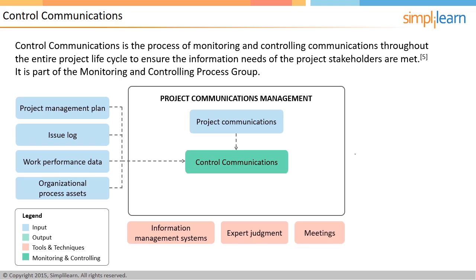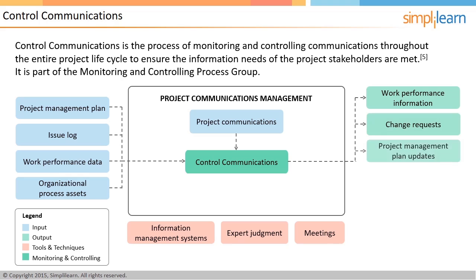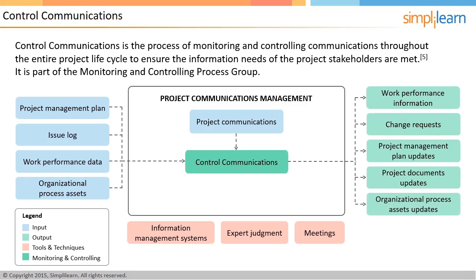The major output of this process is the work performance information, which indicates that the work performance data has been analyzed, interpreted, and presented in an easily comprehensible form. This process may also give rise to change requests, updates to the project management plan, project documents, and organizational process assets. In the next screen, let us look into a business scenario to understand this concept better. After reading the problem statement, click the Solution button to look at a possible answer.